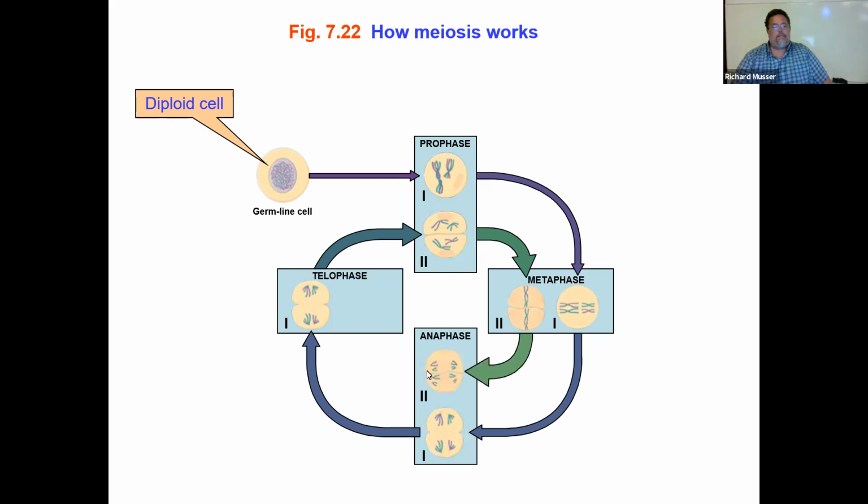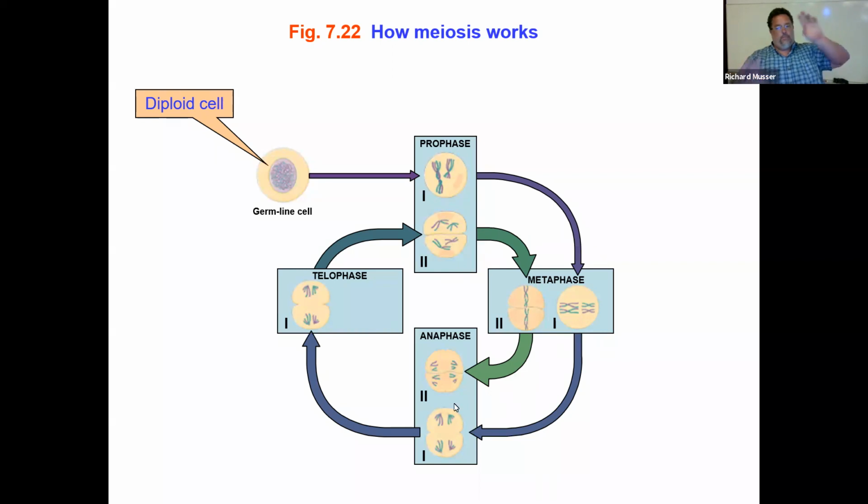Then they're going to be split into 2. Anaphase 2 is going to look a lot like what we saw in mitosis, but now we have half the number of chromosomes. Because ultimately the chromosomes, here we have 4 sets of chromosomes. Metaphase 1 lines them up.